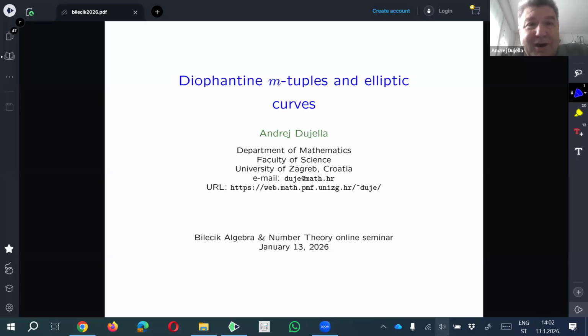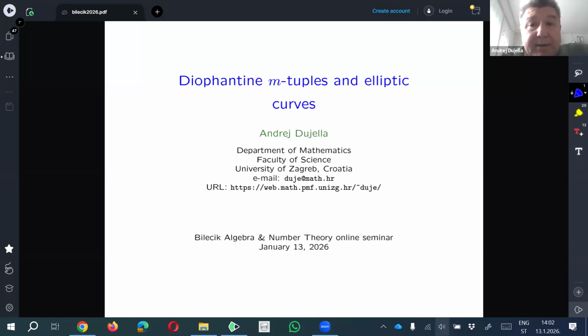In my talk, I will, as the title says, speak about two subjects, Diophantine m-tuples and elliptic curves. In fact, these two subjects were my favorite research topics in past years. So I would like to discuss the connection between these two notions, and we will see that these connections go in both directions.